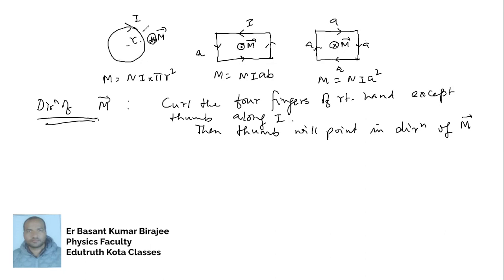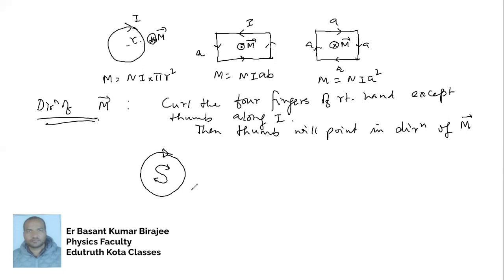One graphical representation is this. Say if the current is clockwise, we draw it like this and put the arrow. This means we are looking at the loop from the outside.